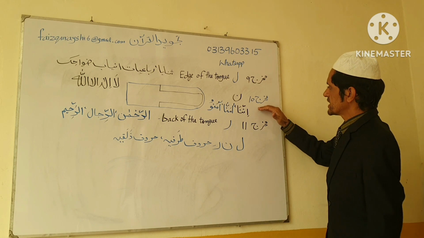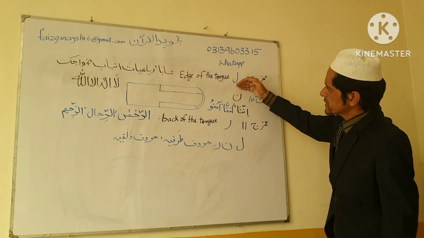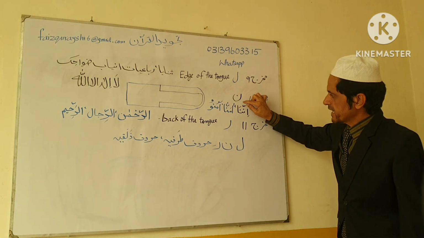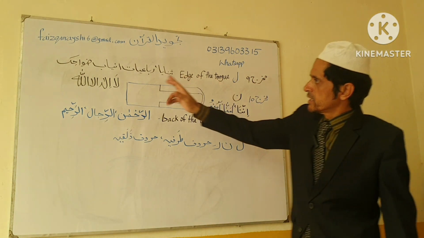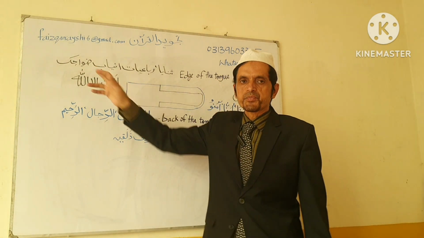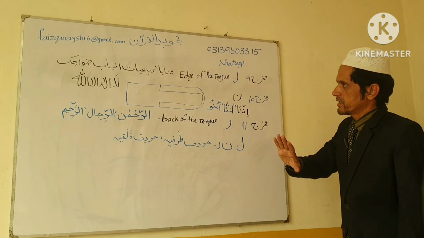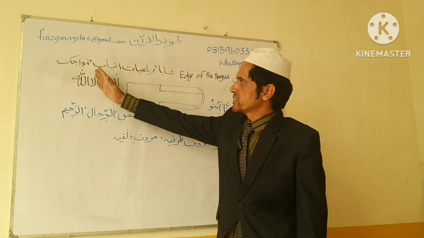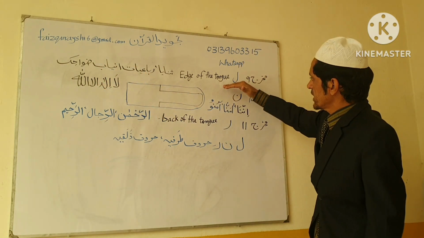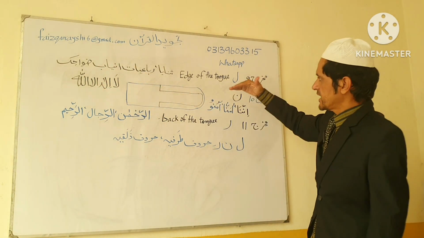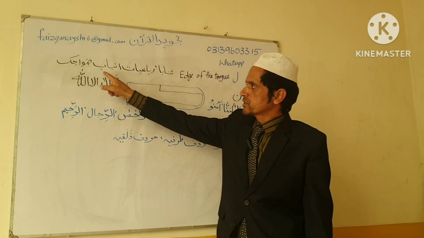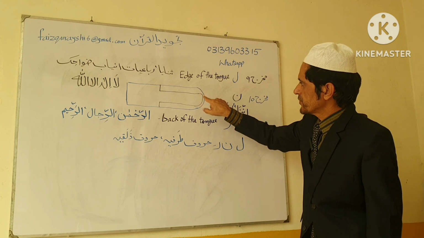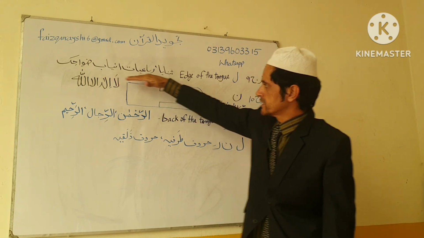And now Makhraj number 10 is Noon. It is near to this articulation point, but in Noon, these teeth do not play any role. It means that as we articulate Lam, all these teeth play a role, the edge of the tongue touches all these teeth.